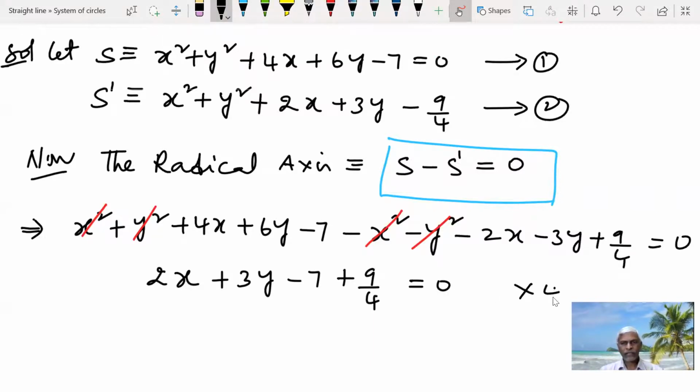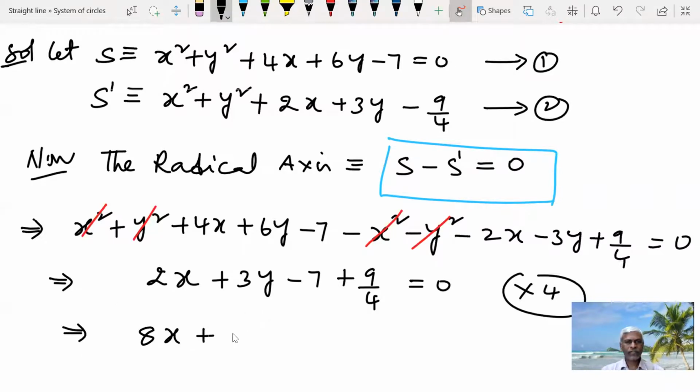So multiplying with 4 into 2, 8x, 4 into 3, 12y, 4 into 7, 28, 4 into 9/4, 4 will get cancelled, 9.